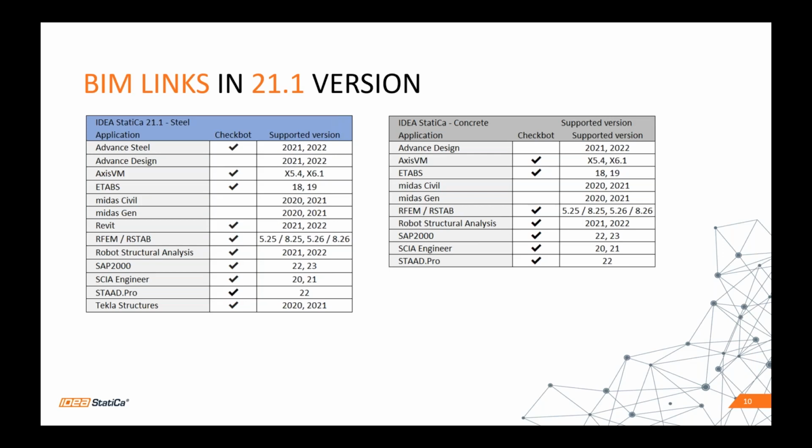This is because MIDAS doesn't have a suitable API, so it needs a special approach. But as you can see, all the other major players in finite element analysis and modeling solutions for both steel and concrete are covered. If there are any specific questions about coverage, just ask a question in the panel later.